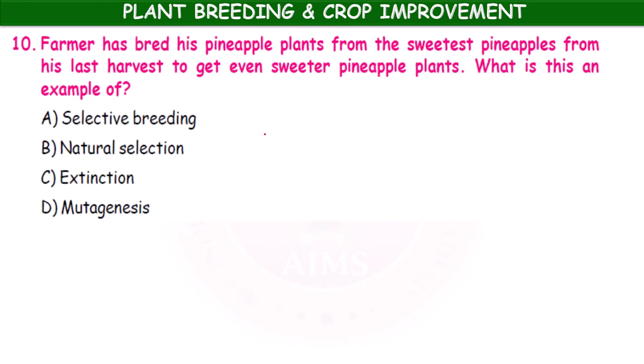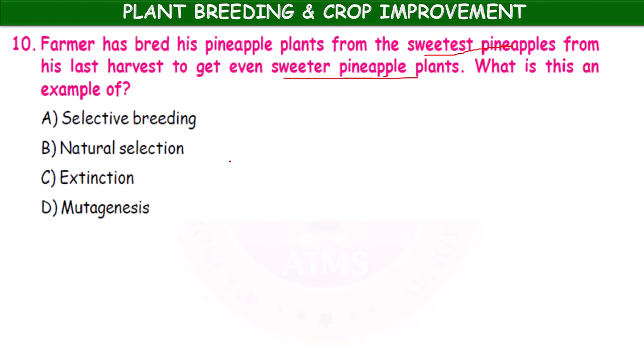A. The farmer has bred his pineapple plants from the sweetest pineapples from the last harvest to get even sweeter pineapple plants. Okay, sweetest plants and more sweeter plants. What is this an example of?